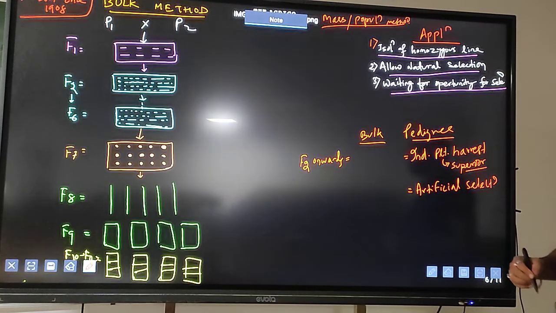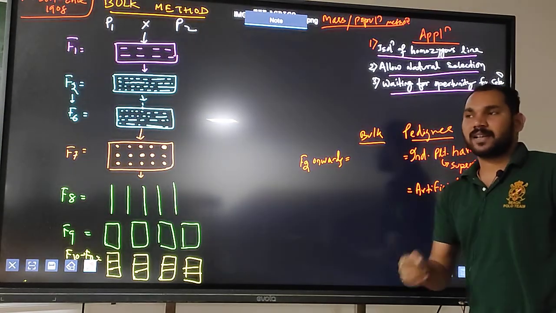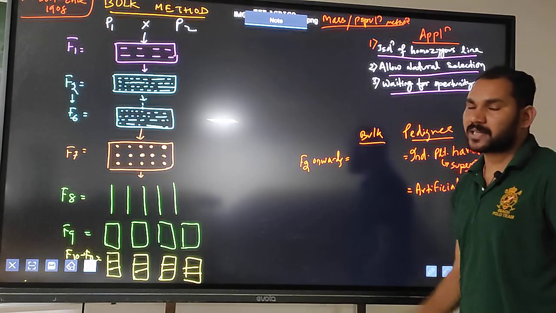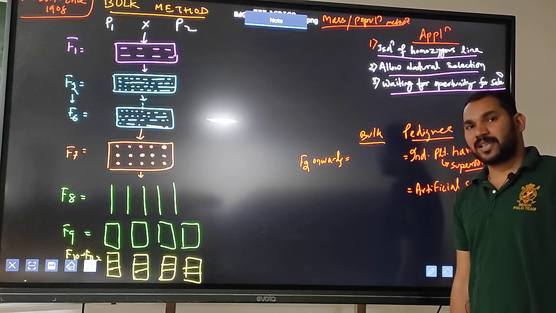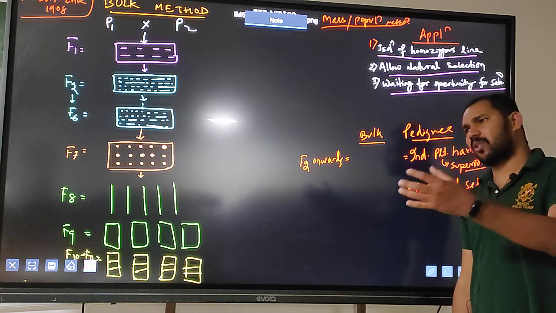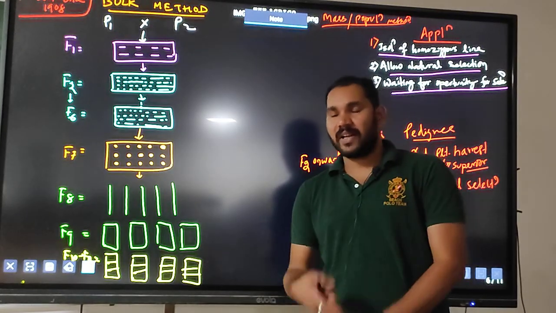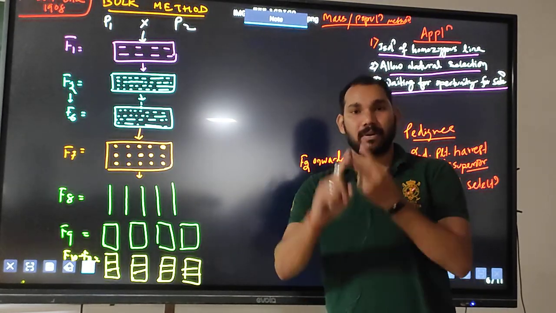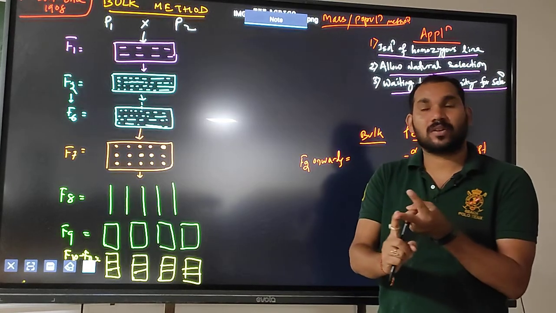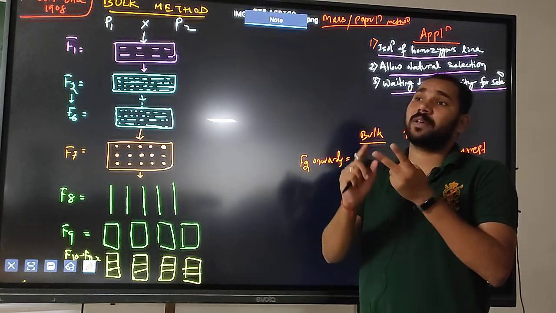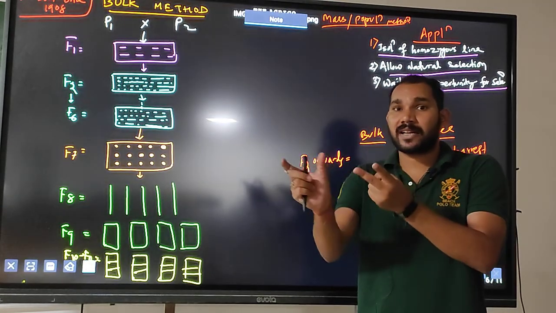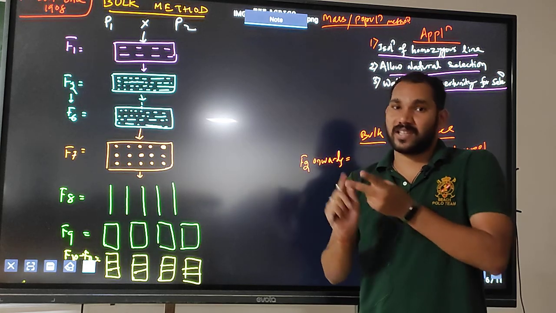If you are going for selection of the superior plants and then going for the individual harvest, this is known as artificial selection. So again we know there are two types of selection. One is natural selection and another is artificial selection. Always remember, in artificial selection we are not giving that much time to the plant for their genetic change.